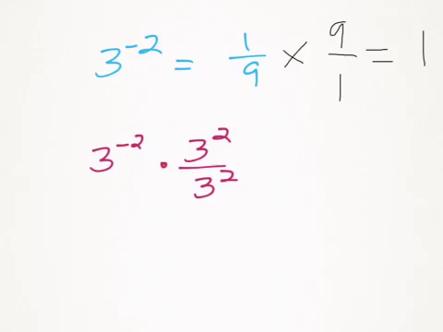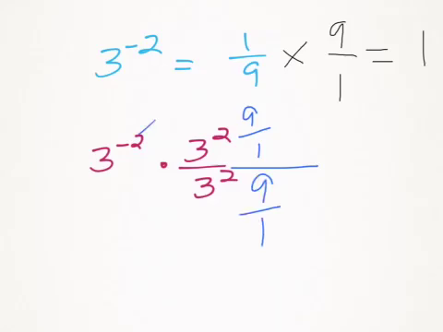Looking at it a slightly different way, we have 3 to the negative second power, just like we had above. In order to get rid of that negative exponent, we're going to multiply by the value of 1, which for this example is 3 squared over 3 squared. So really we're multiplying by 9 over 1 over 9 over 1.